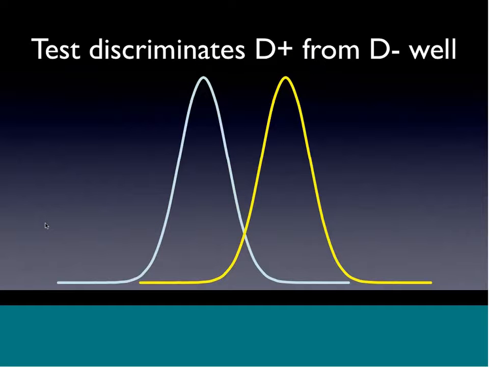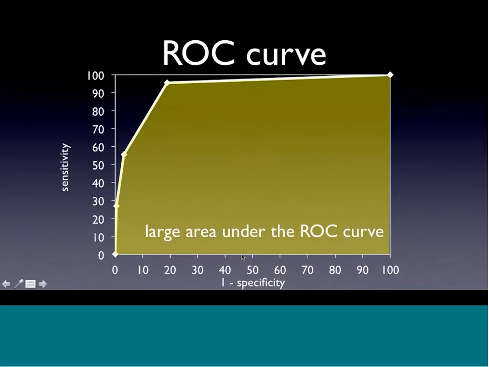Now, it's important to think of discrimination. So a test that is good discriminating disease positive from disease negative is one that separates the bell-shaped curve. There's little overlap when you have the curves. So little overlap is a good test, and you're going to have a large area under the curve.